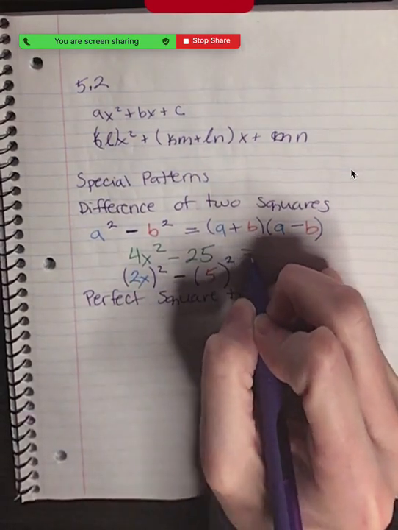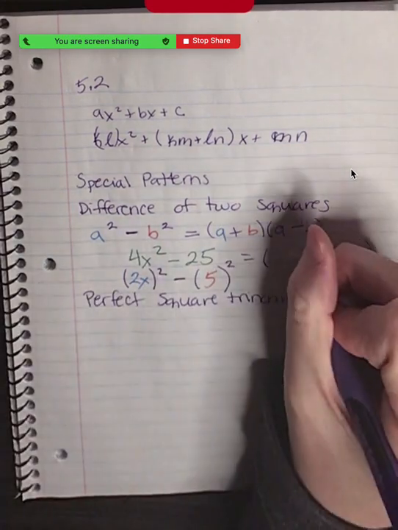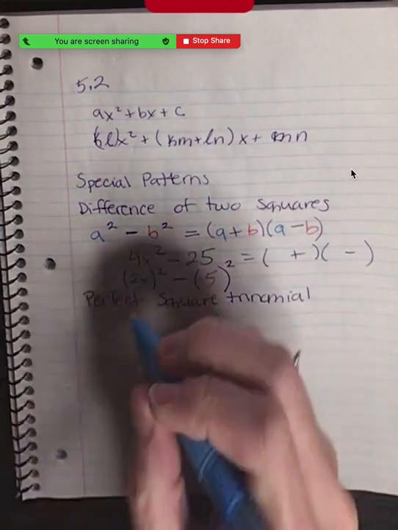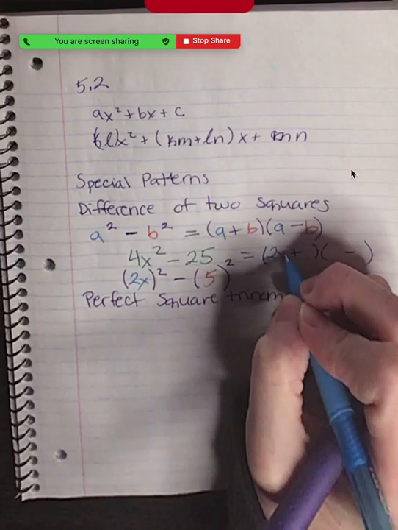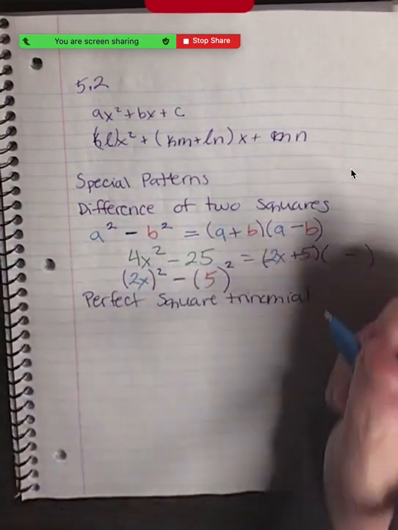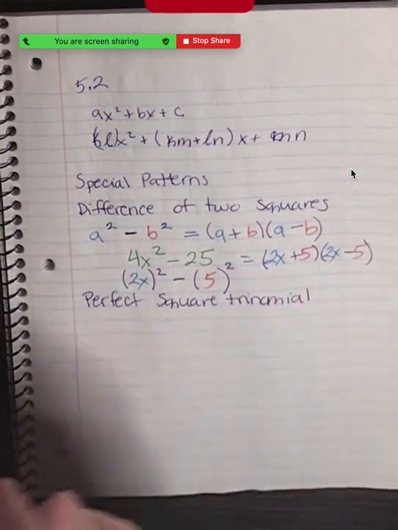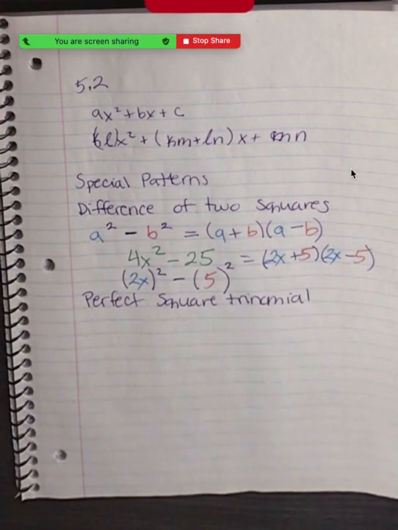Then I can say, okay, this falls into the difference of two squares, so I can factor that to the first one, so 2x plus the second times the first 2x minus the second. So 2x plus 5 times 2x minus 5.